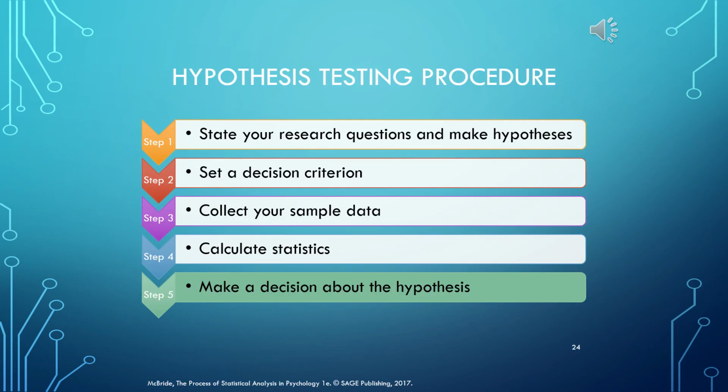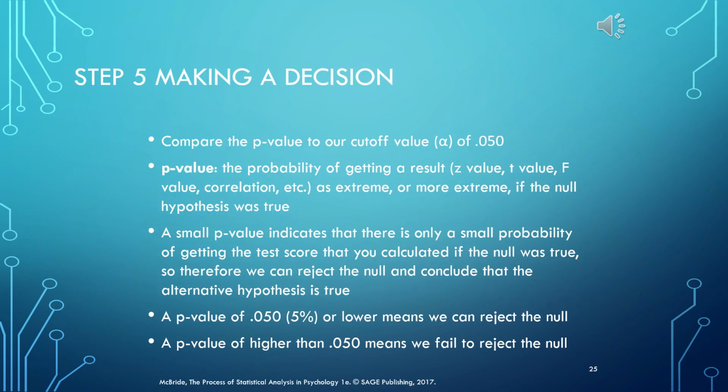So finally, we need to make a decision about how that test statistic relates to our hypothesis. Okay, so the probability of observing a z statistic of greater than or equal to 12.73 is basically zero.